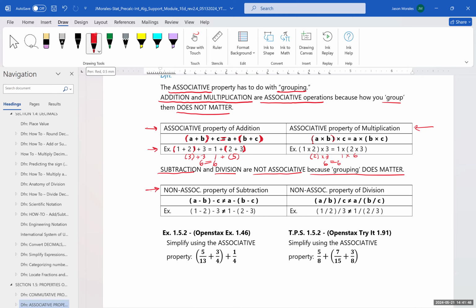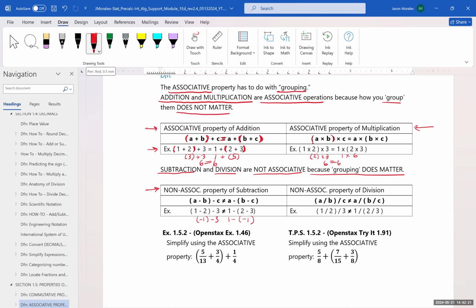A minus B minus C is not the same as A minus, and then grouping symbols, B minus C. So again, we've got the same substitutions of 1, 2, and 3 for A, B, and C. First, let's do 1 minus 2. So 1 minus 2 is negative 1. That's going to be minus 3.